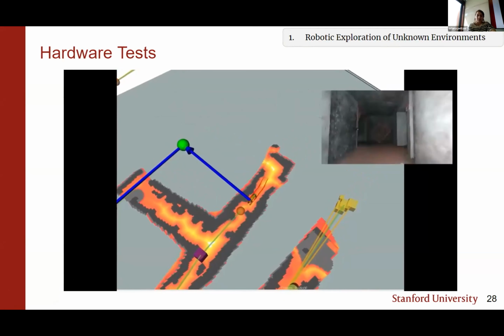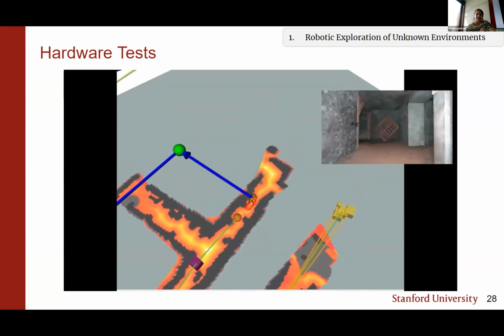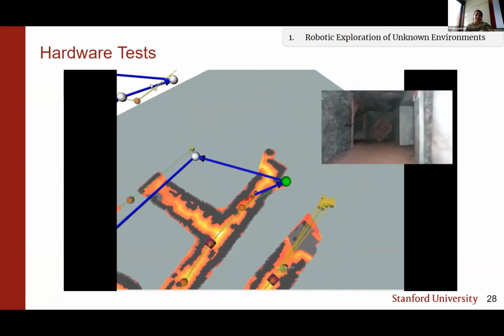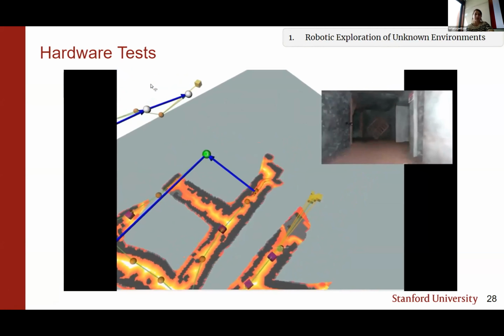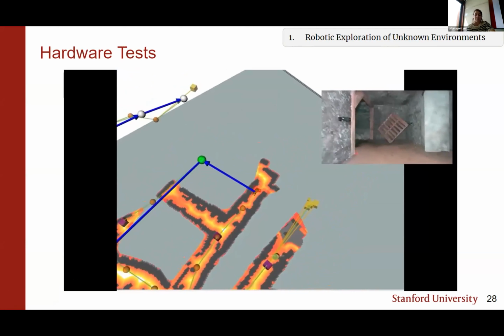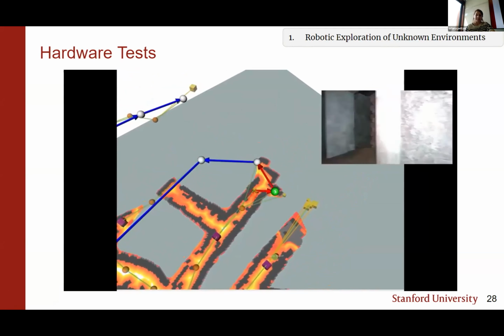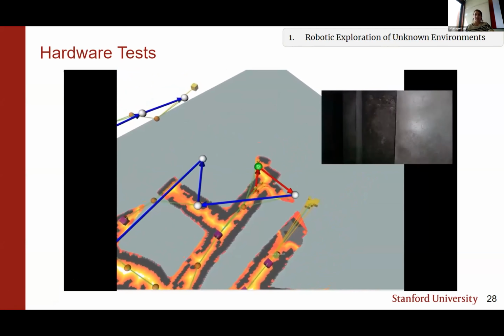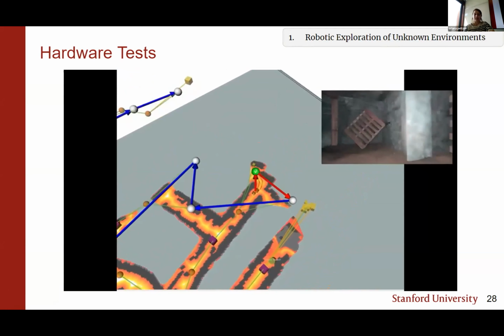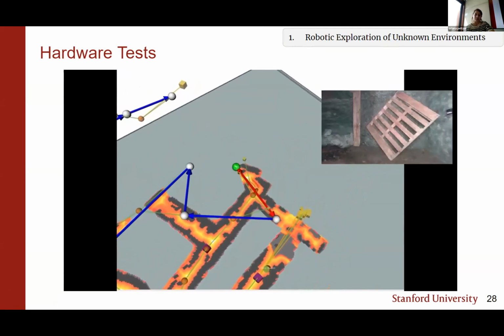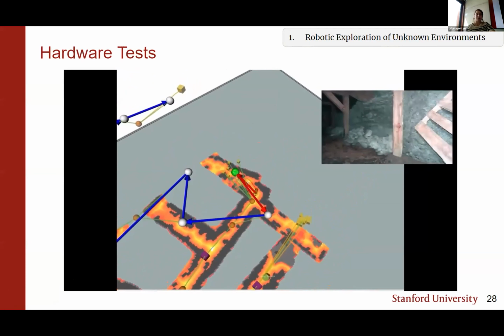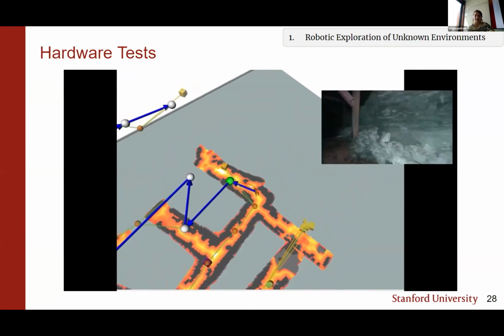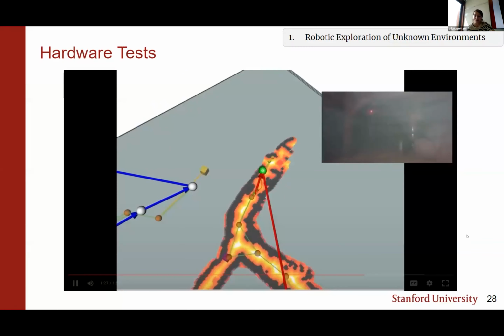The takeaway is that even more important than being long-term efficient in this case, we really wanted a method that would be consistent, as stable as possible and as robust as possible to these changes in representation, in order for the robot to be able to explore despite all the perceptual errors that occur.